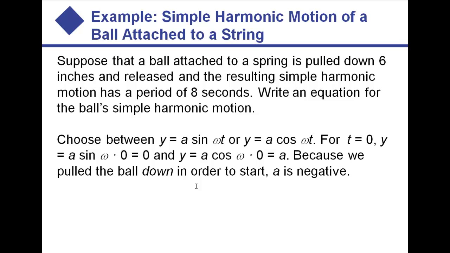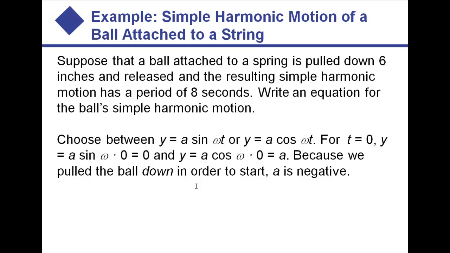Given a word problem like this, a ball attached to a spring is pulled down 6 inches, released. The resulting simple harmonic motion has a period of 8 seconds. Write an equation for the ball's simple harmonic motion. Well, we have to choose between sine and cosine, right? They both do simple harmonic motion.